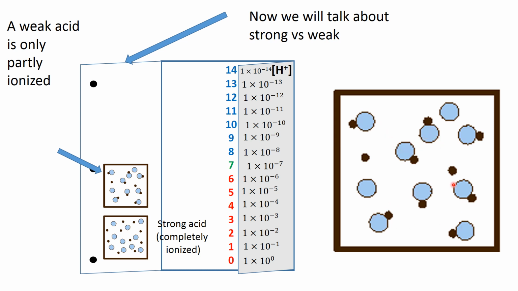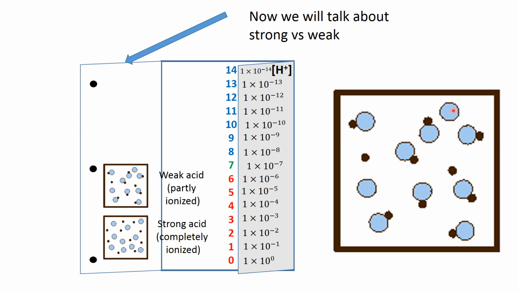And only 2 of them, there's one and there's the other, and there's the anion and there's the other anion. Only 2 of them have ionized. Now this is exaggerated. It's only 20% ionized, but technically speaking, anything that is not 100% is considered a weak acid. So strong acids are 100%, and weak acids are anything less than 100%.